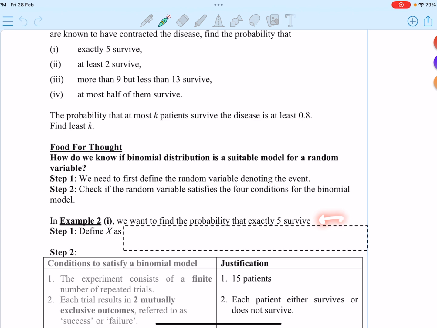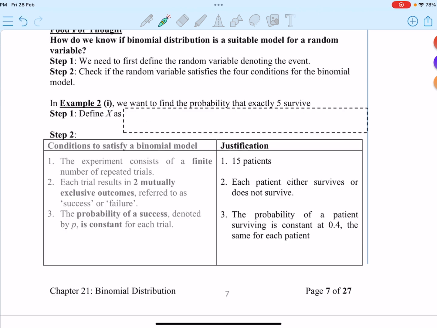Okay, so what is the number of trials and what is the case of success? Because we are looking at exactly 5 survive, we are looking at the number of patients who survive.